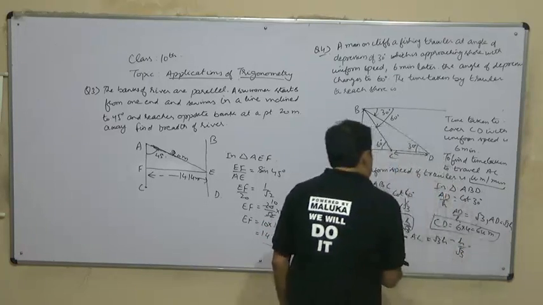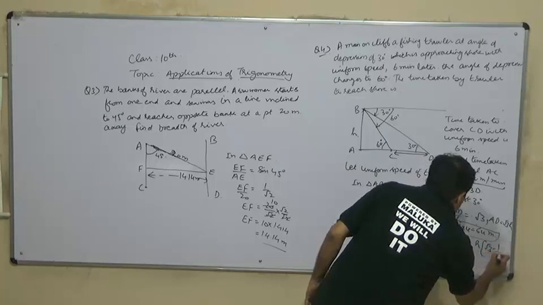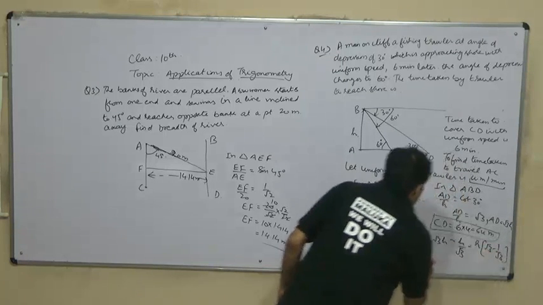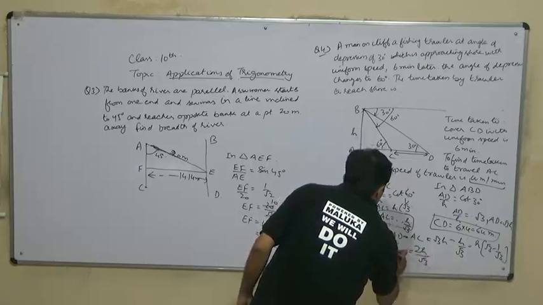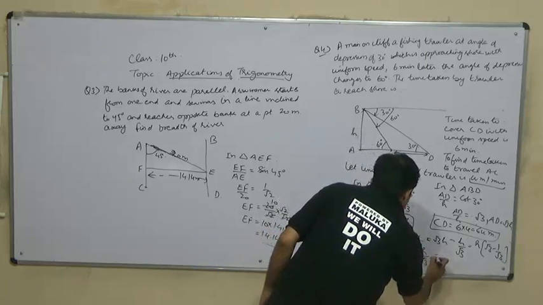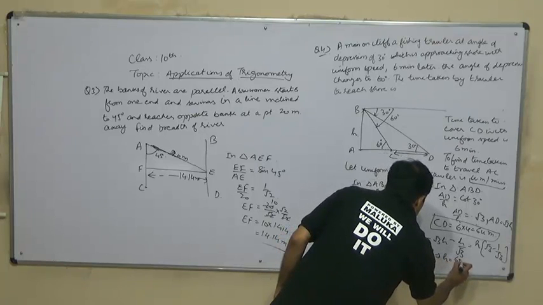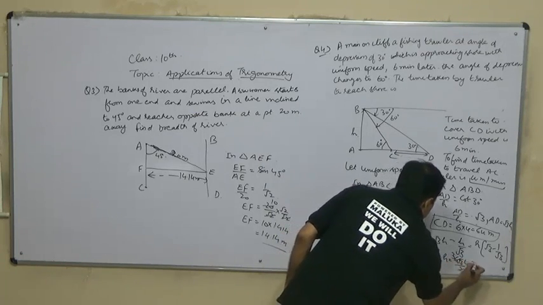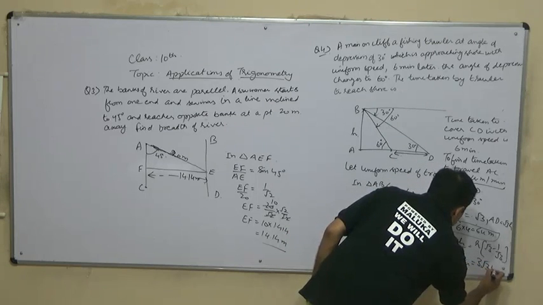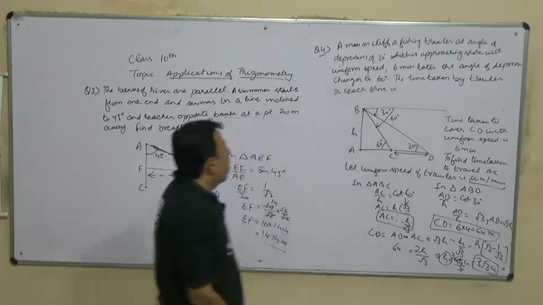Taking h common, this is 2h upon under root 3. CD is equal to 6u, so h is equal to 6 under root 3 u upon 2, which is 3 under root 3 u.